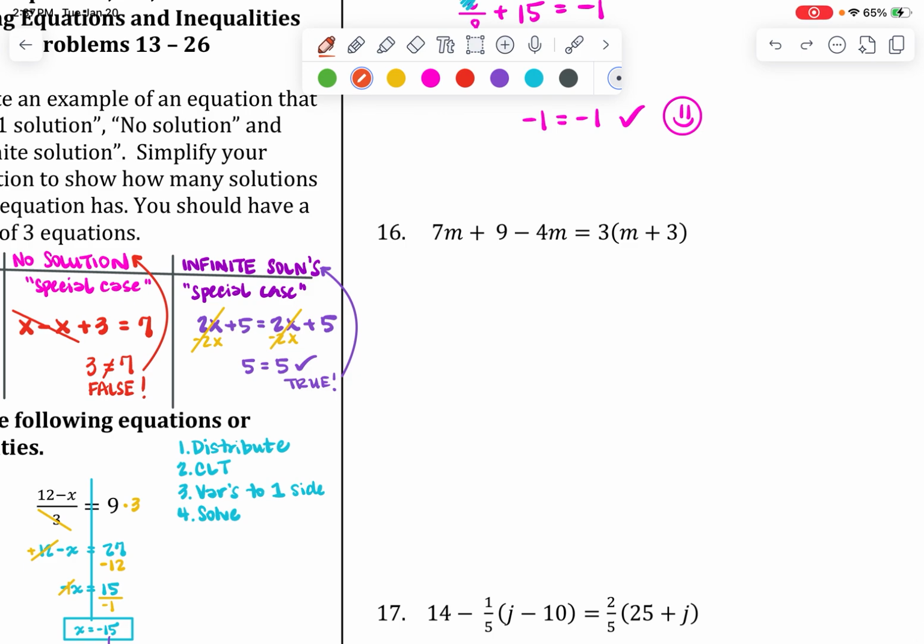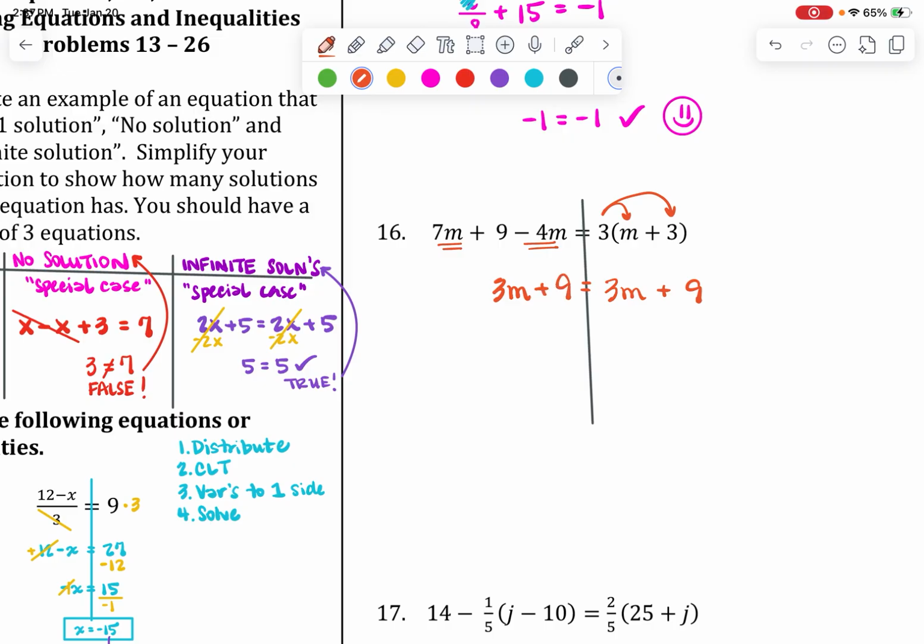I see parentheses. Let me draw my little equal sign. I definitely see parentheses on the right, so I'm going to distribute. So everybody gets multiplied by 3, so 3m plus 9. And on the left side, I don't have any parentheses, but I do notice that I have like terms. So I am going to be able to combine those. 7m's minus 4m's is going to give me 3m's.